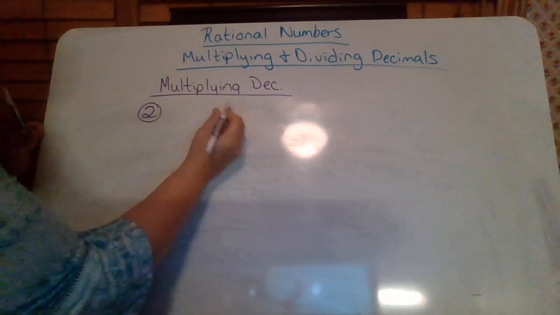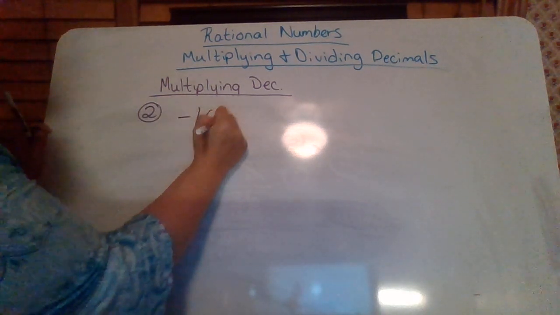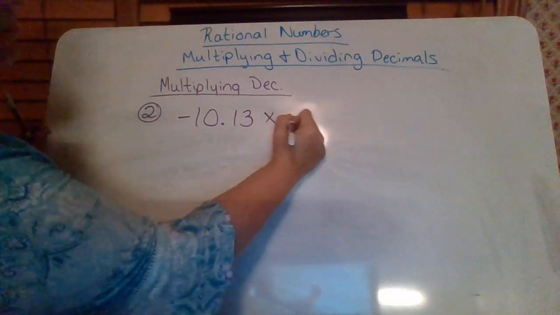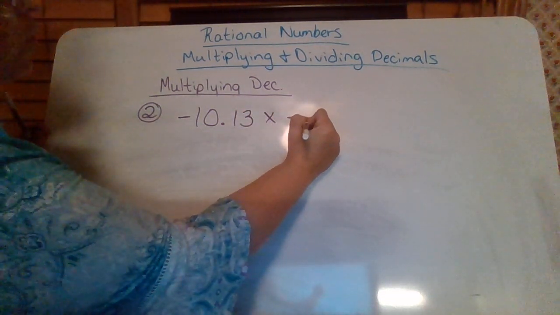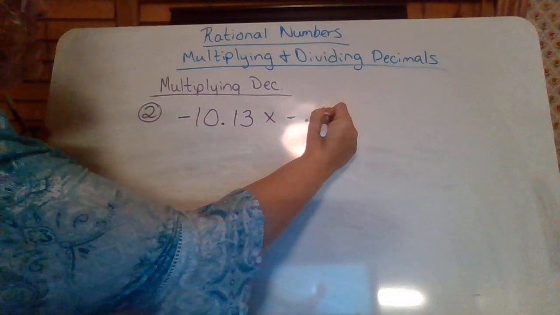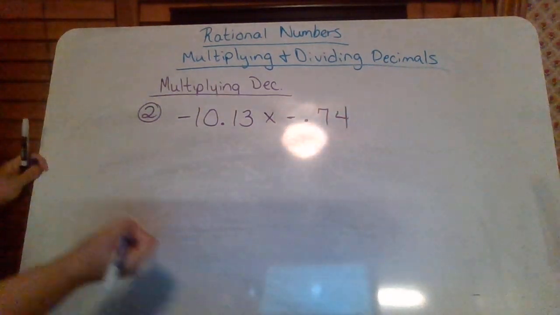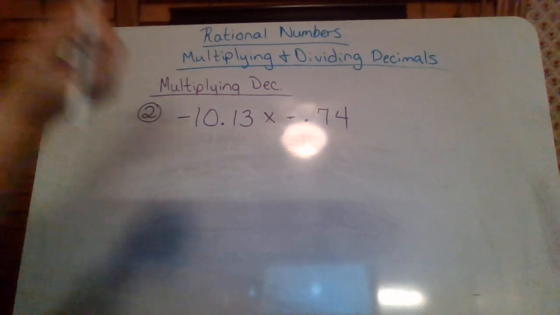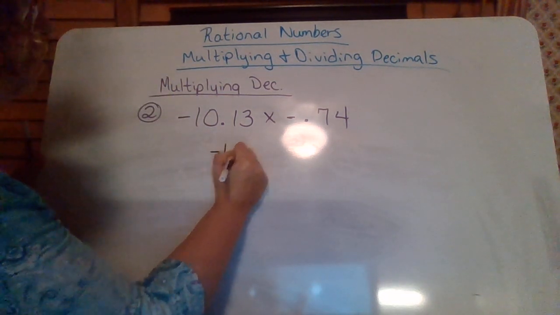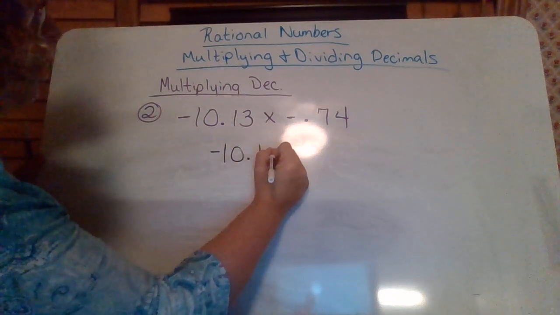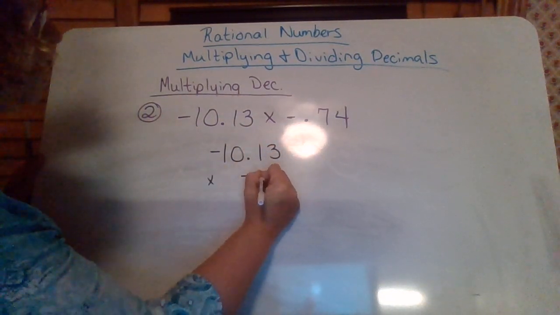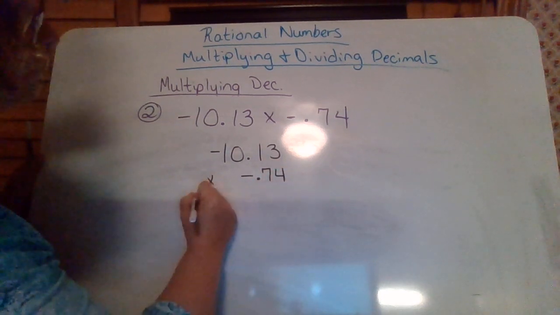Example number 2. Negative 10.13 times negative 0.74. All right, so I have negative 10.13 times negative 0.74.